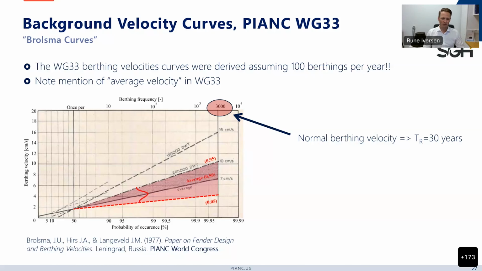So if you have a lot of berthing velocities around the curve that you're using, then you can't say that those velocities are safe to use, because you want to use that very rare event, the 1 in 3,000 event that has now been upgraded to a 50-year event, so a 1 in 5,000 event. That's what you want to use for your design.